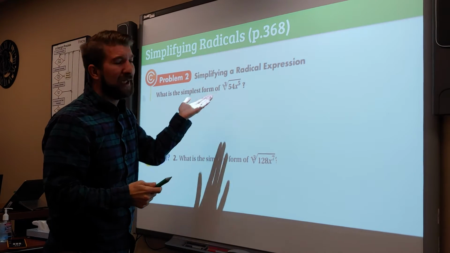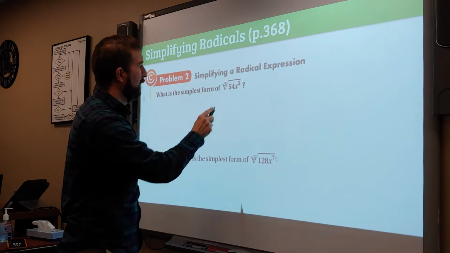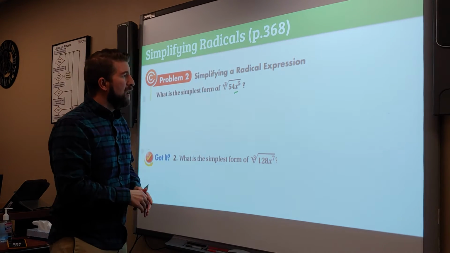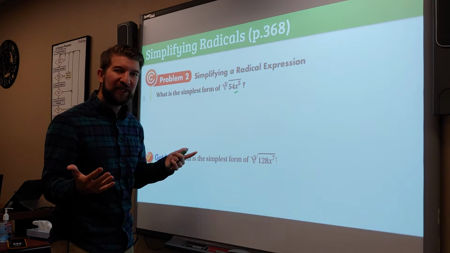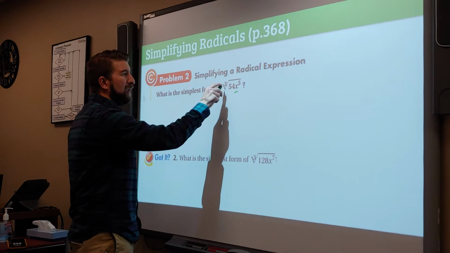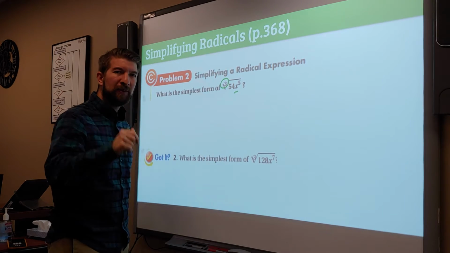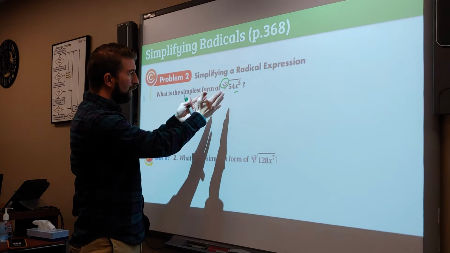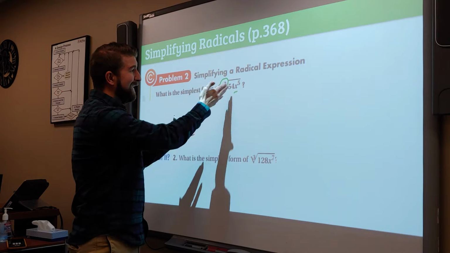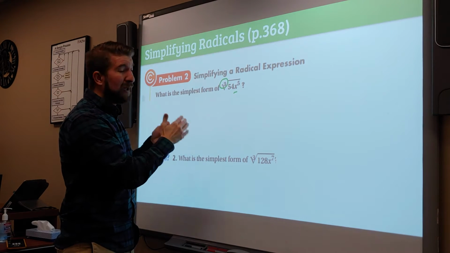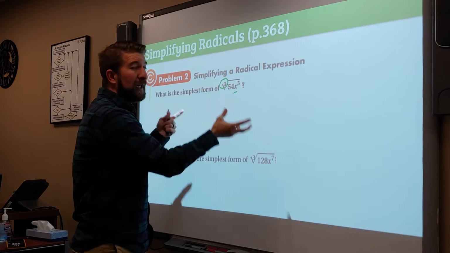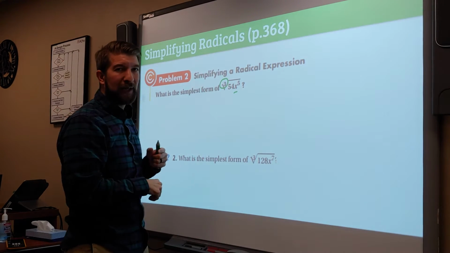We can't really use a calculator on this problem because we have the variable of x. And so the way I like to think about this is sort of like a matching game. And so since we have a cube root, a group of 3, we're looking for a number that can be multiplied 3 times to get us 54. If we can do that, then we can take that out of the radical box.